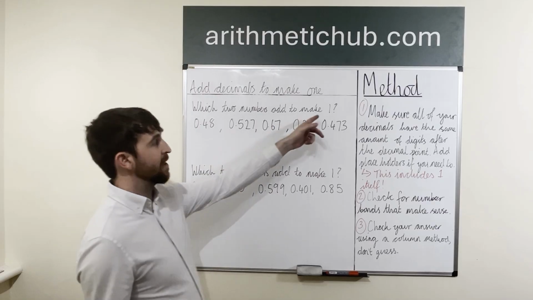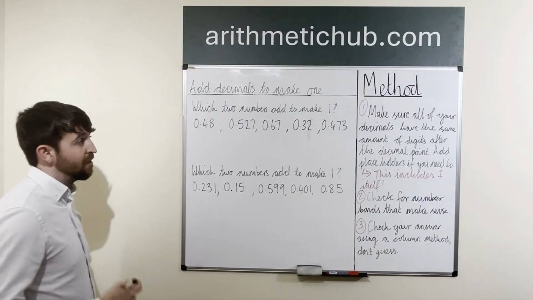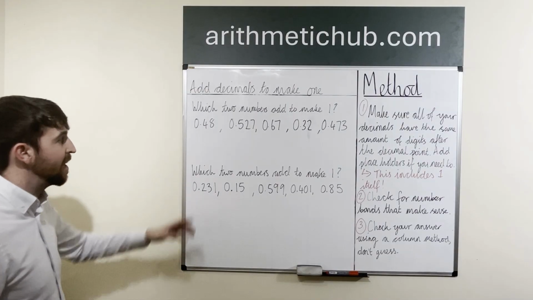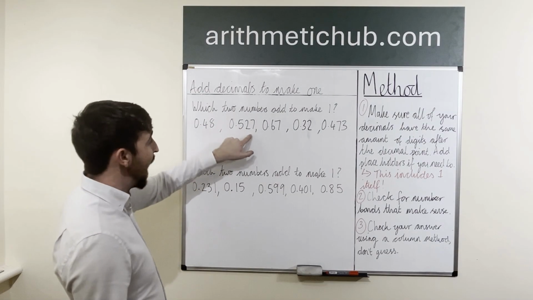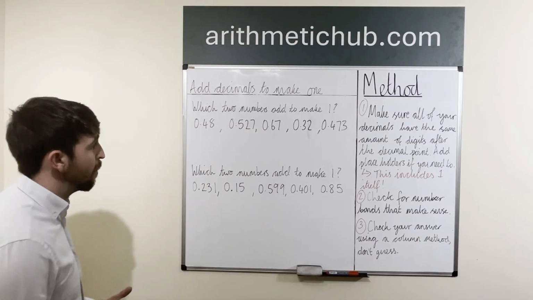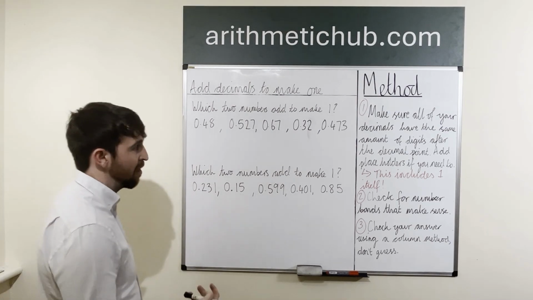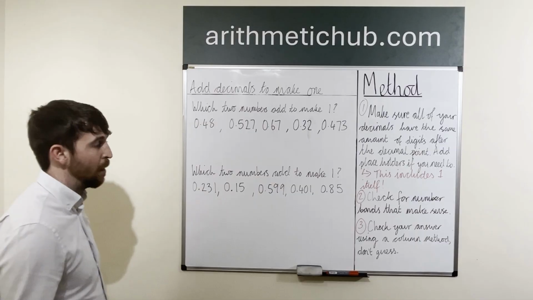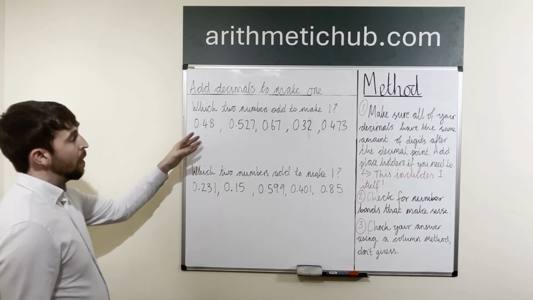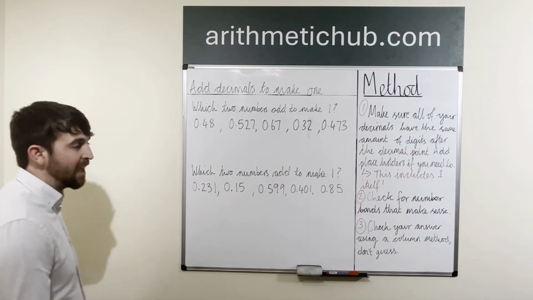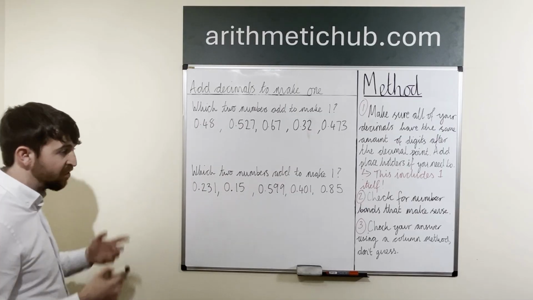Because we know our 1 is going to be 1.000, so we need to end in 0. If we were to have this 8 and this 7, and we were to add those together, that's not going to give us a number that ends in 0, is it? It's not going to be possible for that to work out. Okay, so let's have a little look at finding those number bonds and being able to spot them straight away.